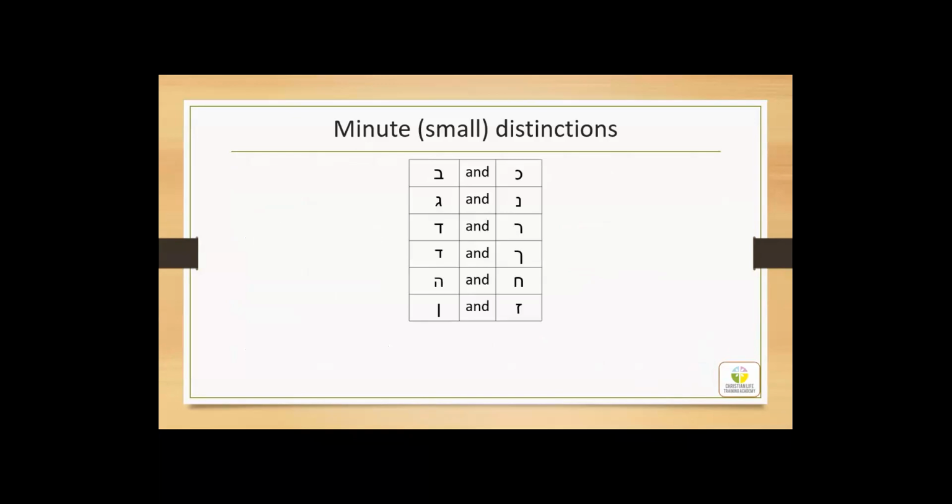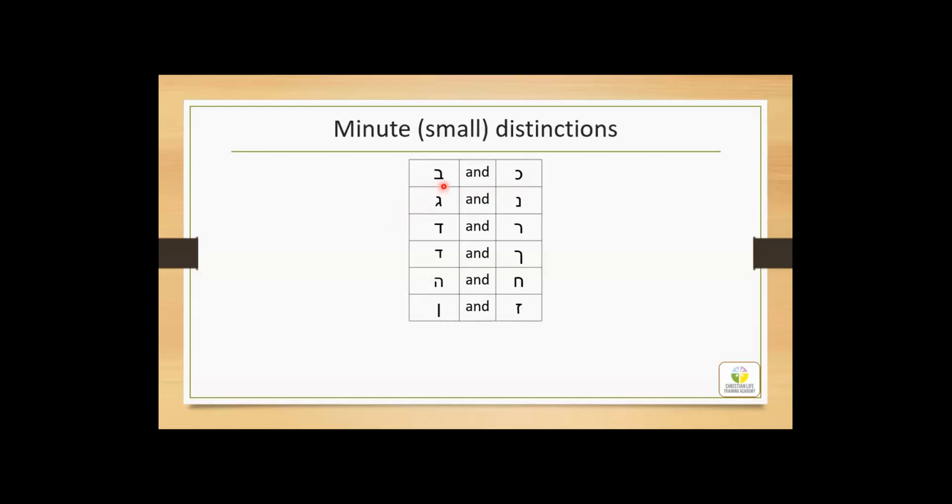Now, here is a little table. I wonder if I can make it much bigger. No, I can't. Okay, but just look very, very carefully. Right at the top, there is the Vet, and that one is a Kaf. Don't worry about it, we're going to get there.